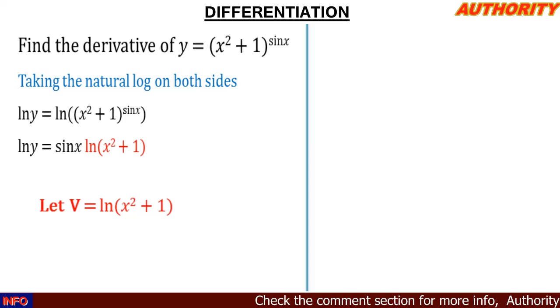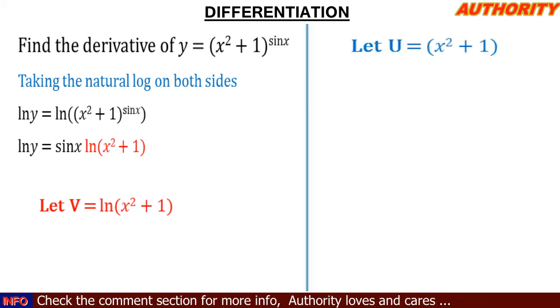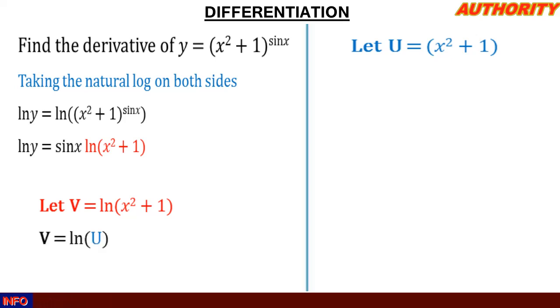So, using the chain rule, let x squared plus 1 be called a letter, let's use letter u. Let u equal to x squared plus 1. If we call x squared plus 1 a letter u, that means our v has changed to ln u. That means v is equal to ln u.